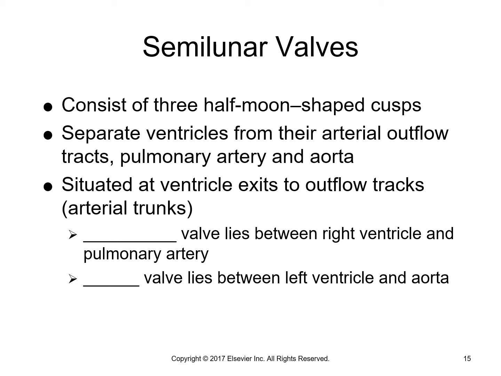You have your pulmonary valve, which lies between your right ventricle and your pulmonary artery, and then your aortic valve, which is between your left ventricle and your aorta. So pulmonary valve being your first one and aortic valve being your second one.